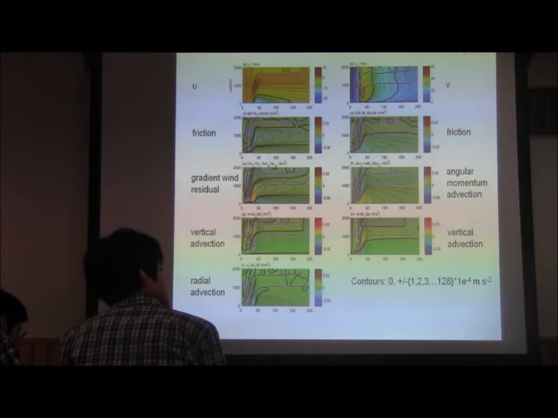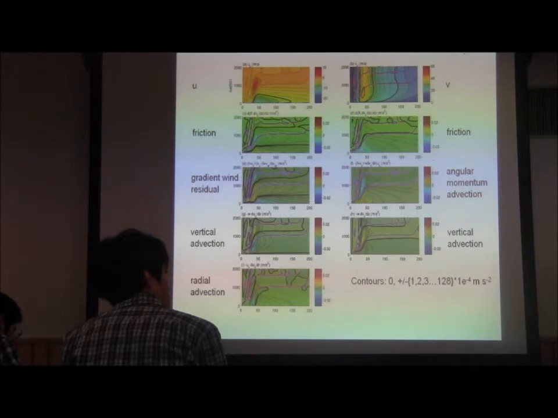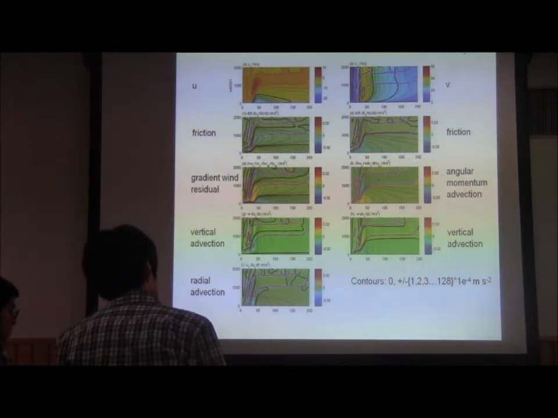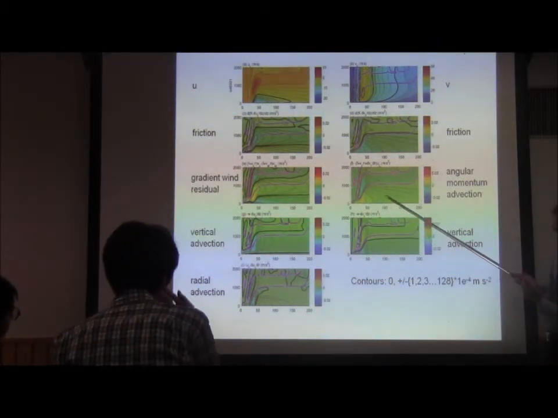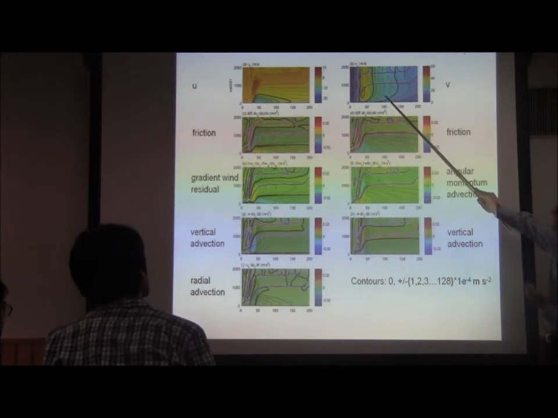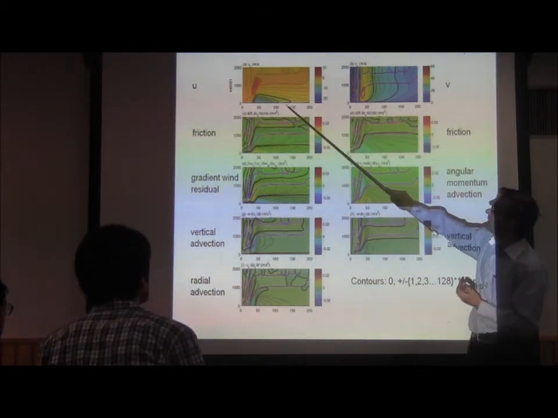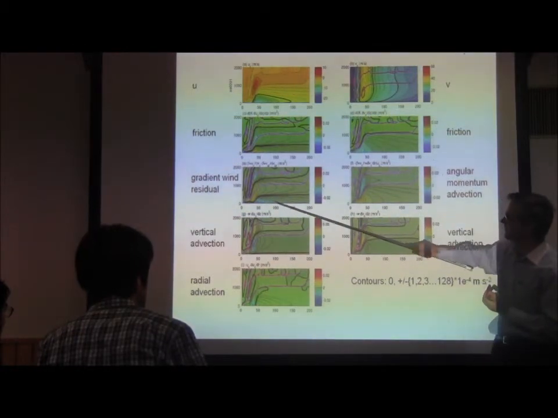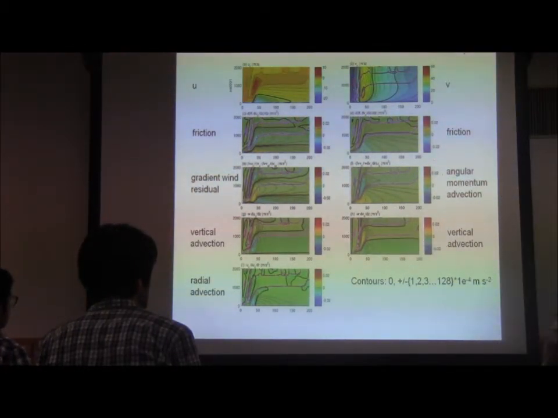So the maximum force here, in the case without friction, is your idea. In that case, your idea would be correct. But of course, if there was no friction, there would be no subgradient flow near the surface, and there would be no inflow, because the inflow is largely driven by the residual near the surface.